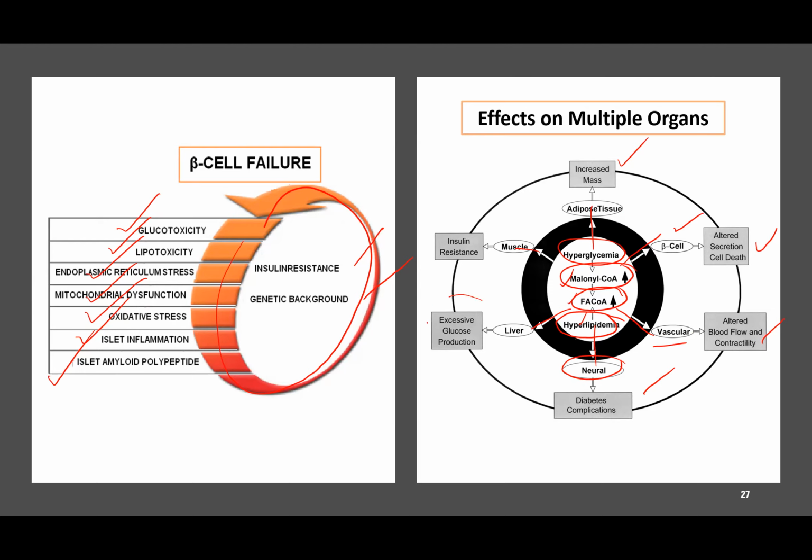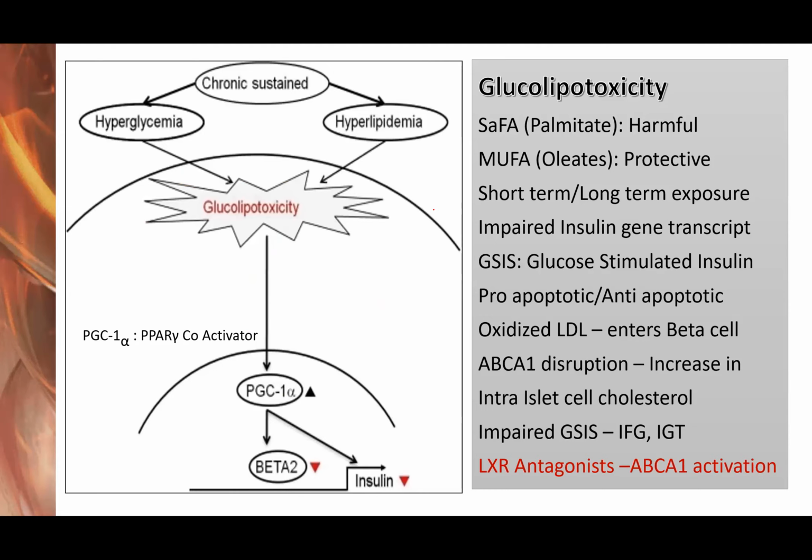And on the liver, excessive glucose production and fatty liver, and insulin resistance on the muscles. You see, the same hyperglycemia and hyperlipidemia, the glucolipotoxicity together, has multiple effects on multiple organs, as can be seen here. Now, this picture is from the same article which we have given.